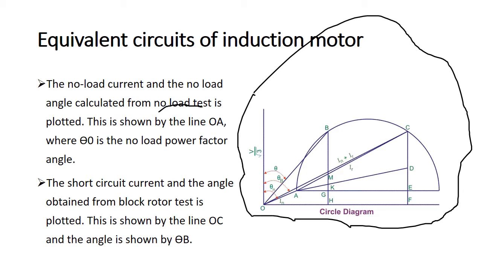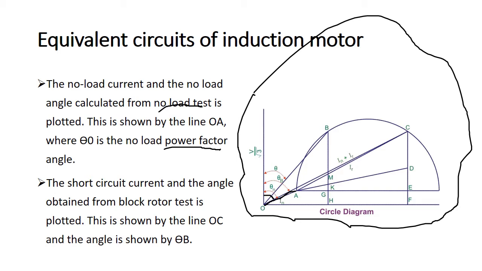The angle between the y-axis and the line OA is the no-load angle, and its cosine is the power factor. Correspondingly, the line OA, when plotted, stands for the no-load current from the experiment.